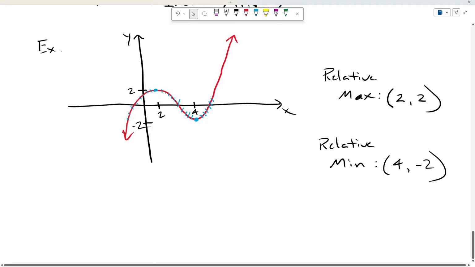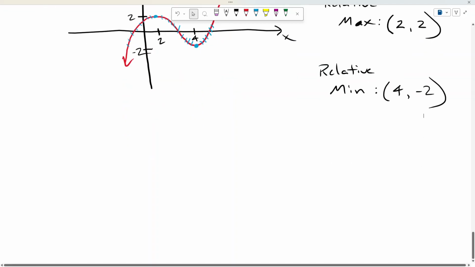Another characteristic that we can identify by looking at a function and its graph is whether it is even or odd. Even and odd functions.